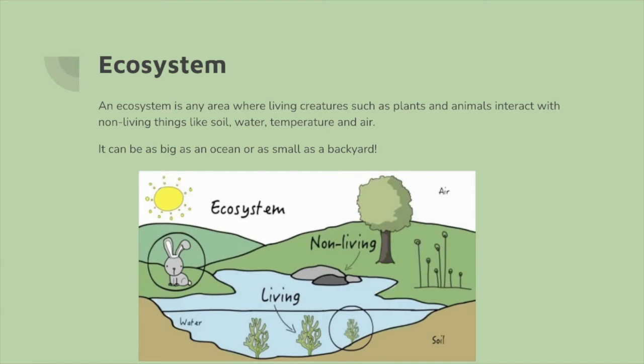And you can see in this image, we have the non-living rocks and the living plants and the bunny interacting with the weather throughout that larger ecosystem. So if you're thinking about what the difference is between habitats and ecosystems, we have habitats as a smaller basic needs of an organism, and the ecosystem is the larger interactions that go on and include much more than just a habitat does.